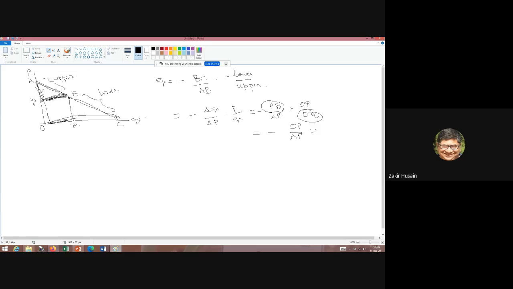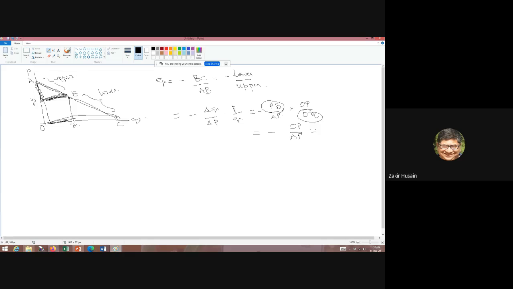Therefore, the ratio of these sides is going to remain the same. You're expanding each side by the same fraction.